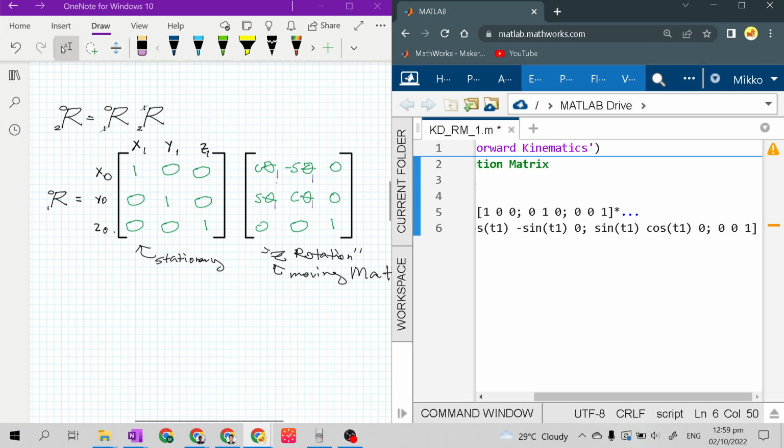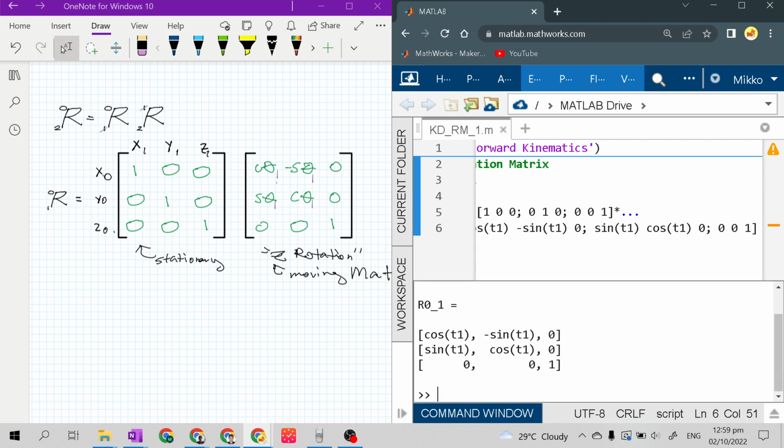So identity matrix is equivalent to 1. So 1 times the rotation matrix. So the answer should be also this. Okay. So let's press F5 or click the play button.